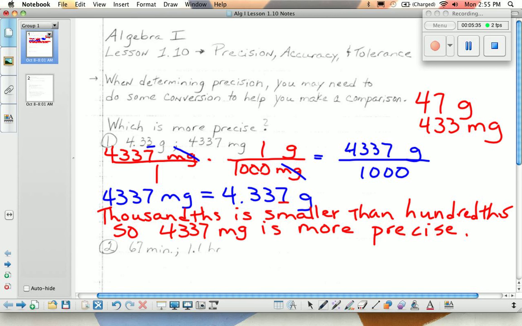Well, no, they're both taken to the ones place. Go ahead, Jonathan. Well, no, they're both to the nearest whole ones unit, aren't they? There's no decimal, nothing behind the decimal point there. So now they're both measured to the same unit of measure.